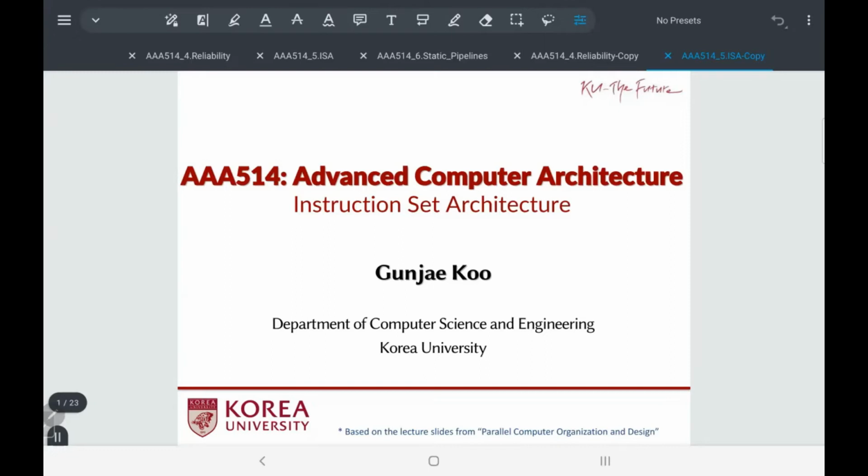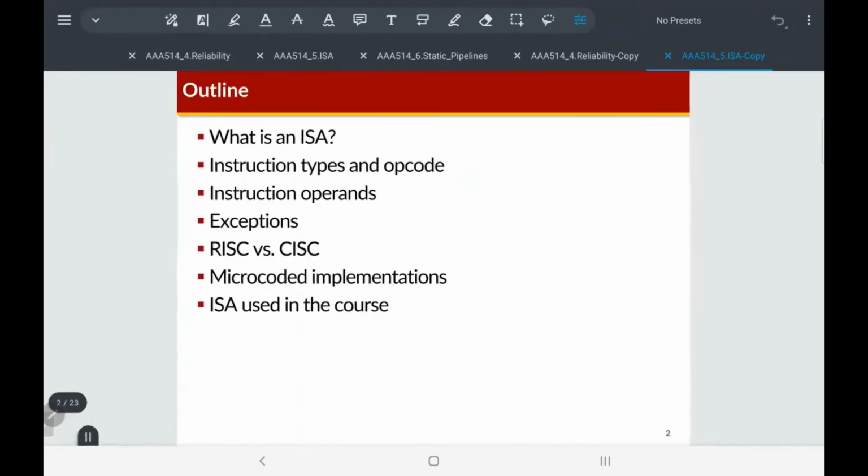Okay, so now we are moving on to the instruction set architecture. It's a higher level of the computer systems, so I think it's more familiar. This is the outline of today's class about the instruction set architecture.